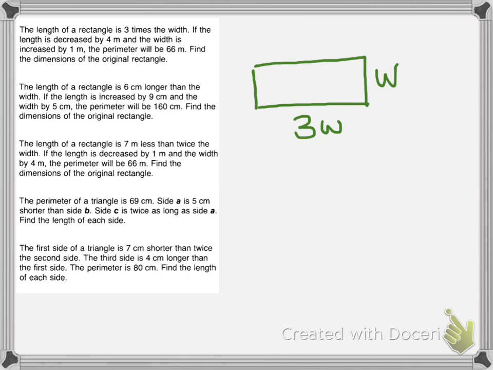Now, before I move any further, I just want to make note that we know special things about rectangles. Opposite sides are equal and parallel. And so I like to label every side so that I don't get tricked when I'm doing a perimeter problem, for example, and only add up 2 of the sides when I really am supposed to add up 4.